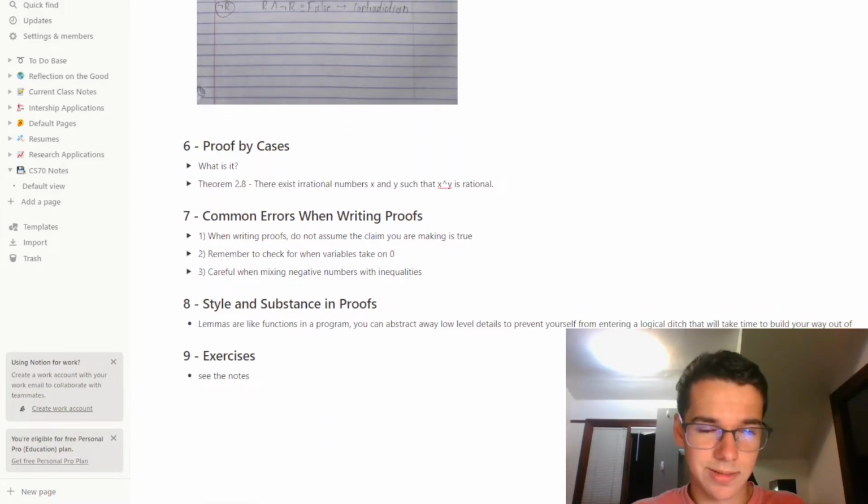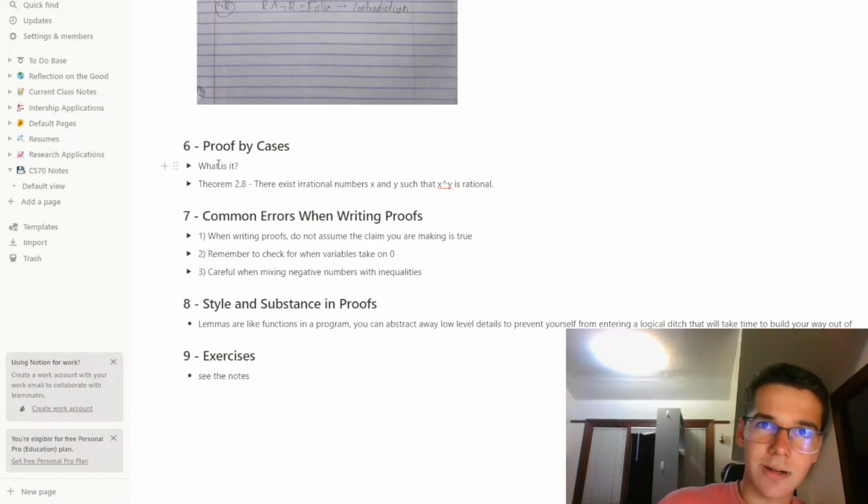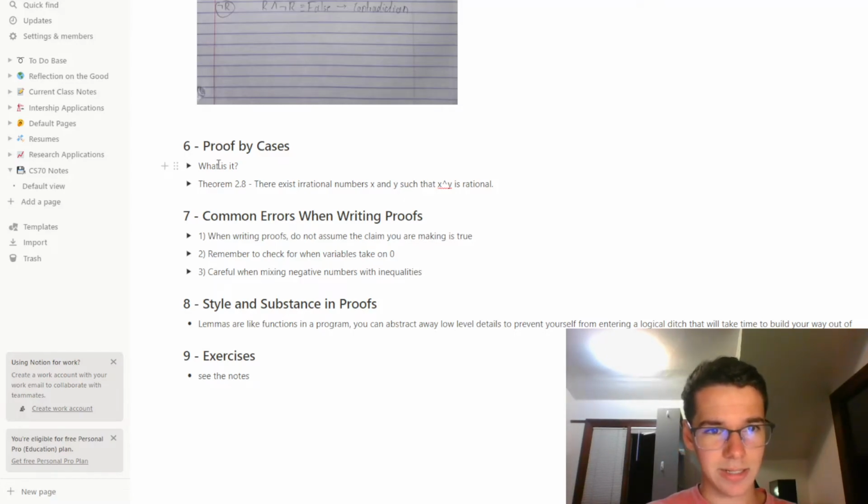Okay. Section 6, proof by cases. What is proof by cases? This one I had a hard time wrapping my head around because they gave one example, and I don't know if it was really the best, but it kind of is.